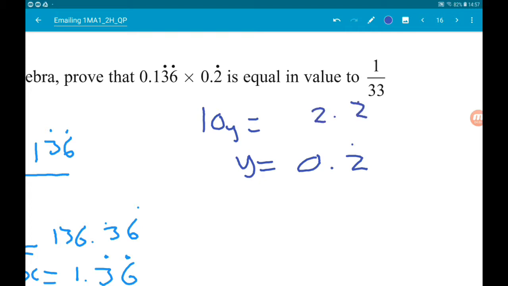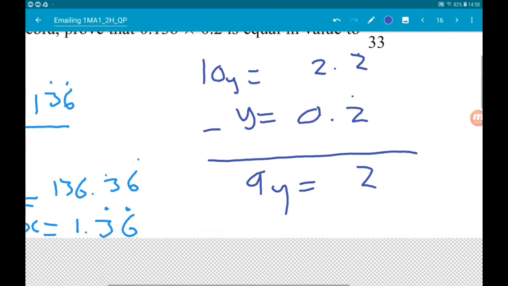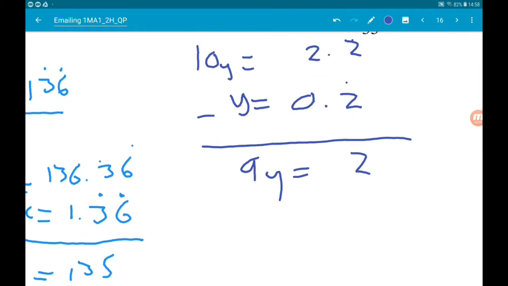Lop off the recurring part by subtracting. So we get 9y is 2. And then y is 2 ninths.